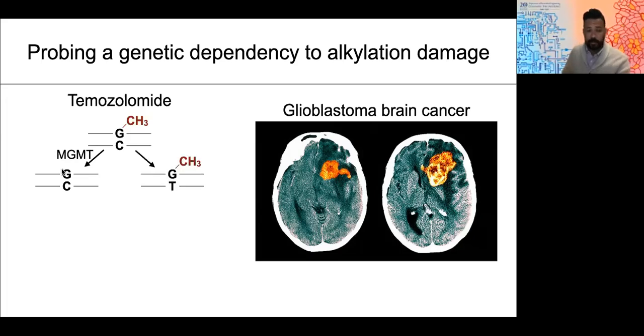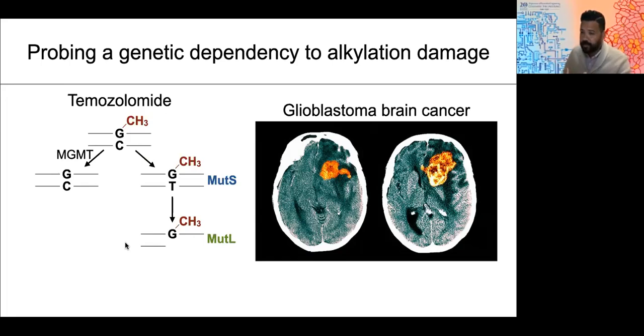Now, if that lesion persists upon replication, you get incorporation of thymine opposite this guanine, creating a GT mismatch. And this mismatch is a substrate for the mismatch repair machinery. Specifically, it is recognized by the MutS heterodimer, which is composed of MSH2 and MSH6, which then recruits MutL, which is a processing complex, and exonuclease 1, which removes that thymine.